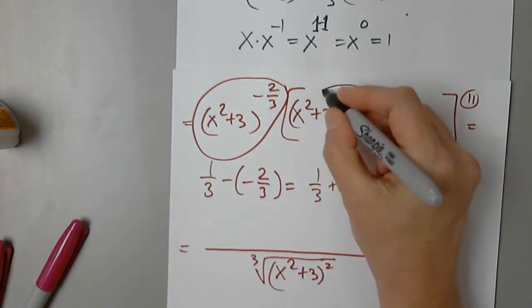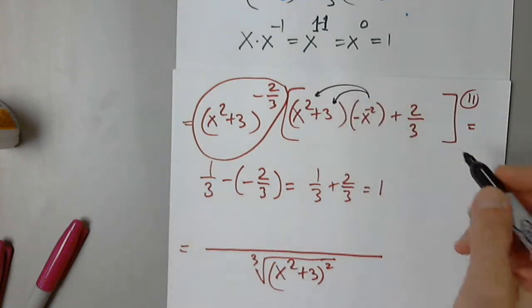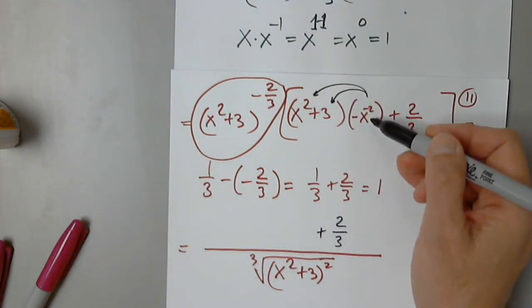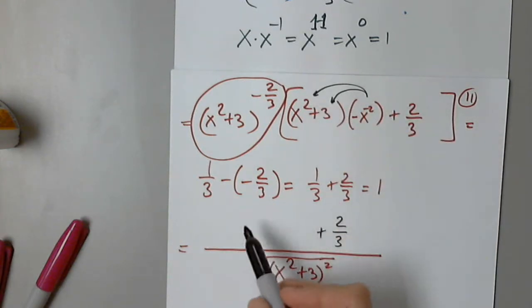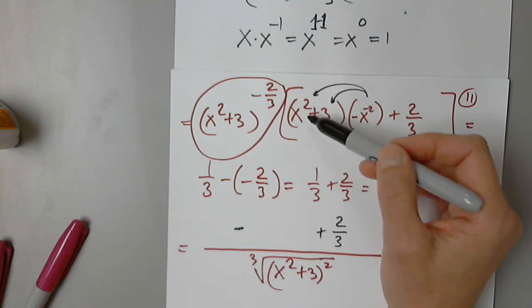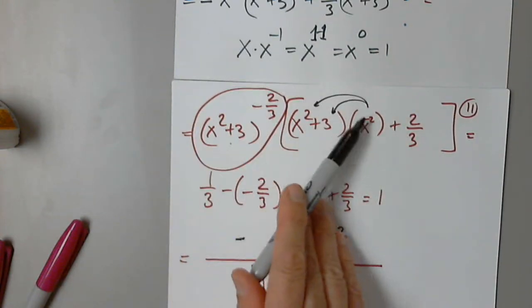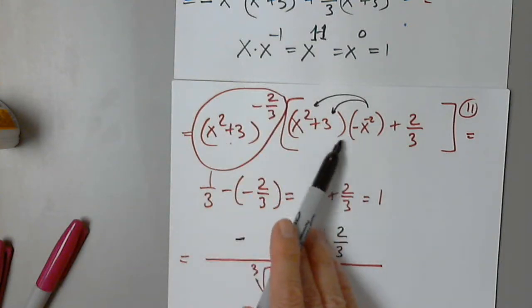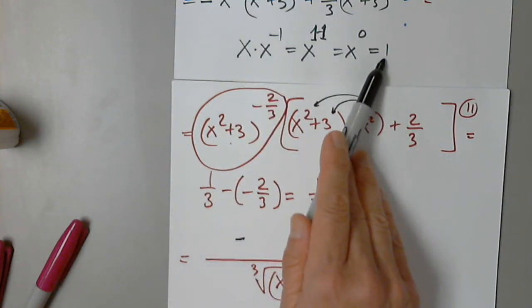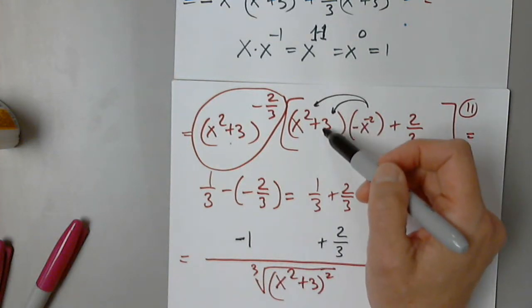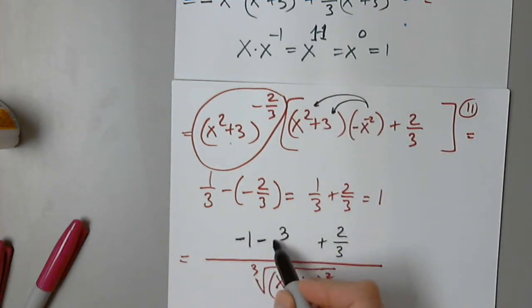I need to distribute this in here. 2/3 is 2/3. But when I distribute negative x to negative 2 to x squared, of course I get a negative number or quantity. But what is it? It's the same thing. x to the second power times x to negative 2 will be 1. And now I distribute this to 3, and I get negative 3 over x squared.